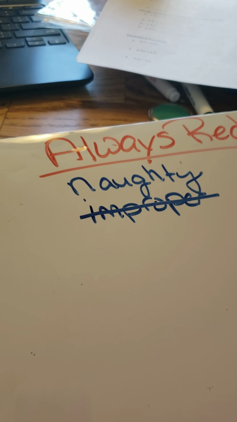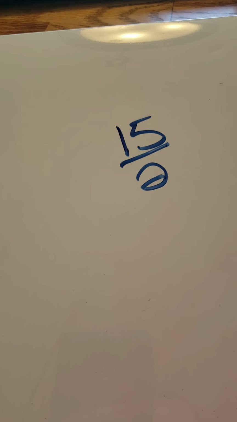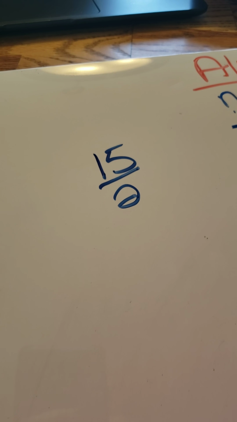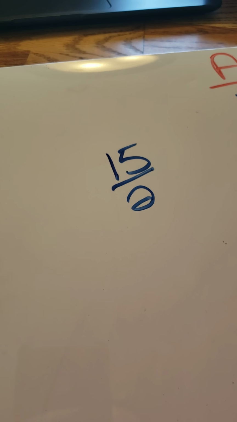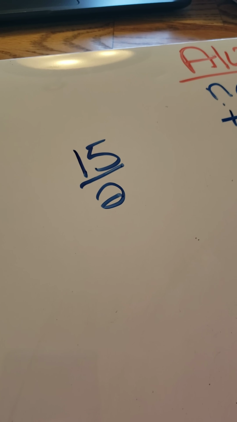Perfect. Just like that. Now when we are dealing with improper fractions, I want you to think about a lacrosse game or a hockey game. When there is a naughty player in a hockey or lacrosse game, as a fan, you get to scream 4 words at this player.